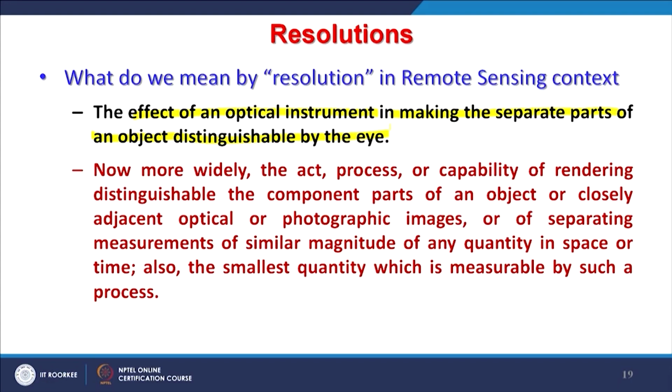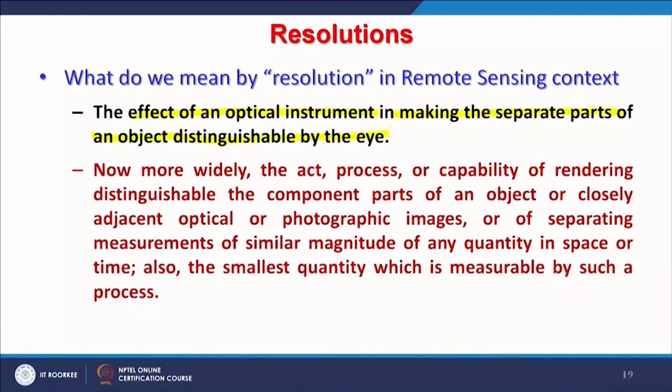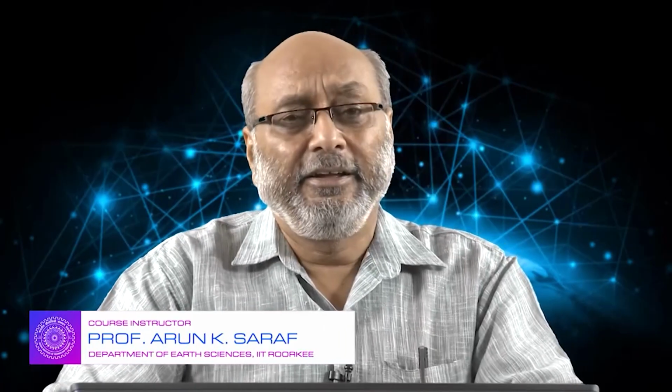More widely, it is the act, process or capability of rendering distinguishable the component parts of an object or closely adjacent optical or photographic images. So in a nutshell, especially about spatial resolution, the more clarity I get in my images, the better resolution I get. With this I end this discussion. Thank you very much.